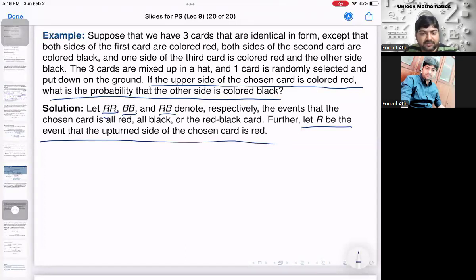This is possible only for the red-black card. So you have to get the red-black card, given that the red color has already happened. So you have to find the probability of the event that the other side color is black.